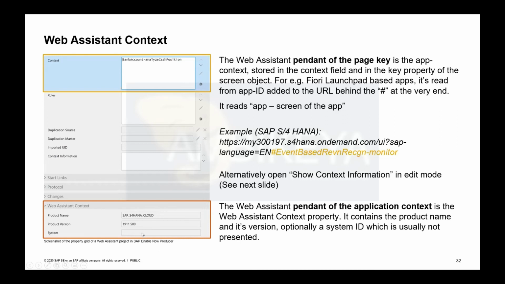However, that's the two contexts. You see, in comparison with the complexity that comes from the flexibility of the regular recording engine, the Web Assistant's context handling is super simple. It's really a completely different story.